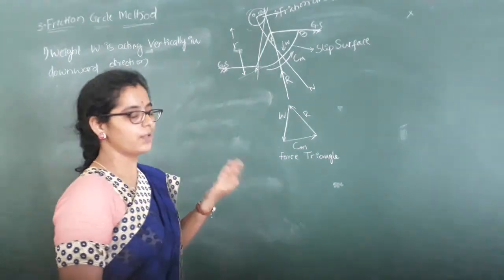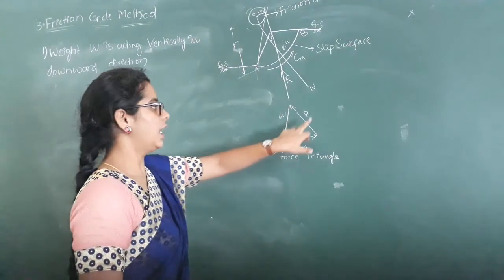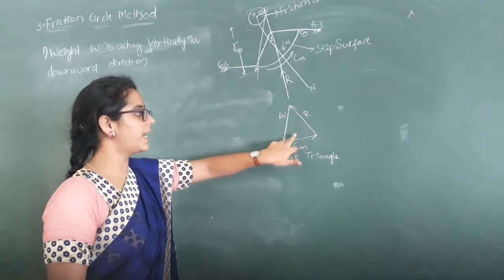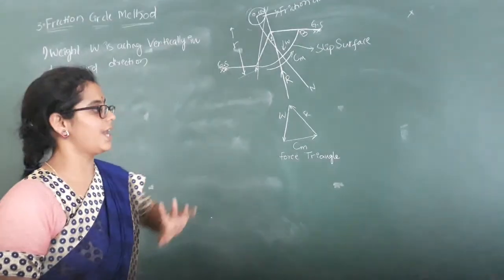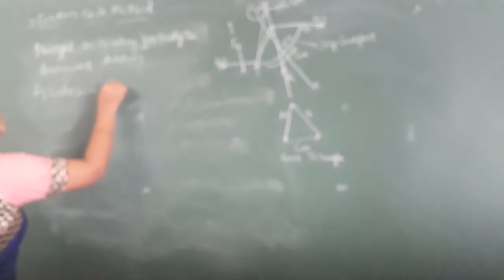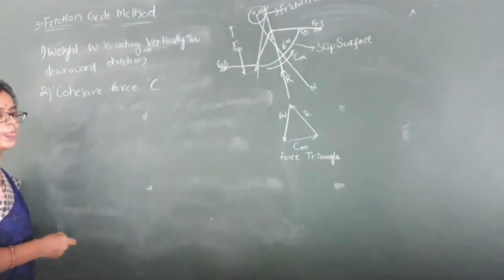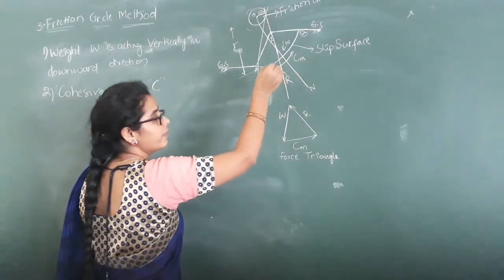With the help of the graph, we will estimate the cohesive force and the reaction force. The magnitudes of these two forces are analyzed with the help of the graph. The direction of the cohesive force C is also well defined.